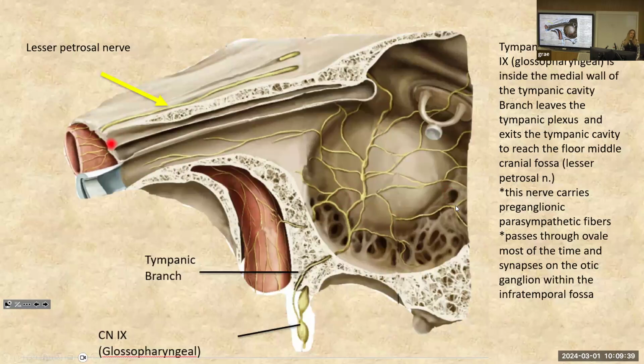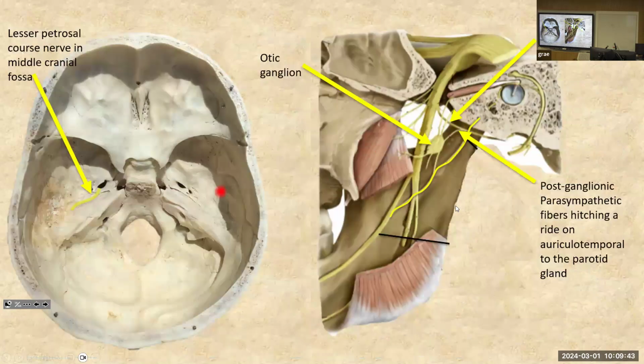Then the lesser petrosal nerve will leave the middle ear, traverse the middle cranial fossa, and go most of the time through foramen ovale. It will come down into the infratemporal fossa. Now we have the new stuff because you now know where the infratemporal fossa is. It will synapse on the otic ganglion, and then hitch a ride, an Uber ride, to the parotid gland on the auriculotemporal nerve.